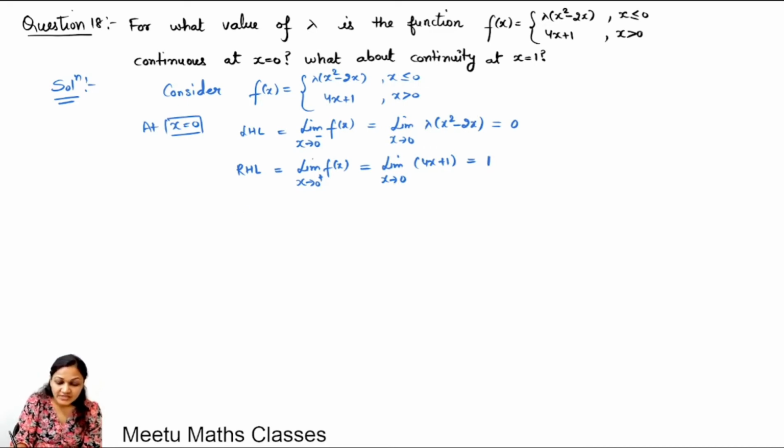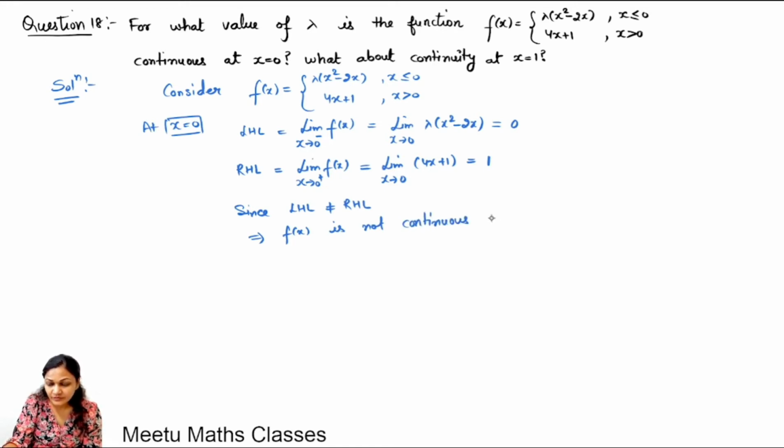Since left hand limit is not equal to right hand limit, your function f(x) is not continuous for any value of lambda. So there exists no value of lambda such that your function will become continuous at x equals 0.